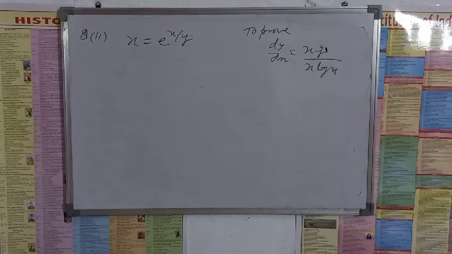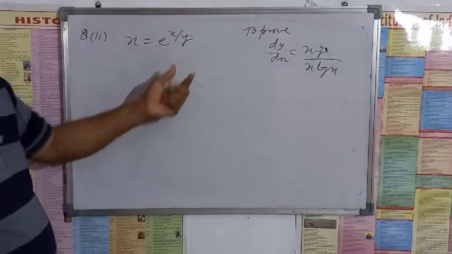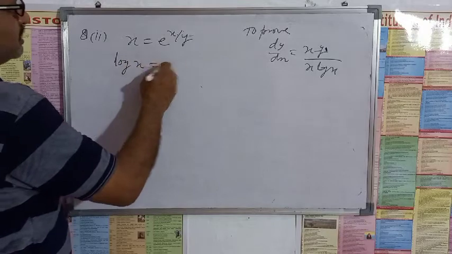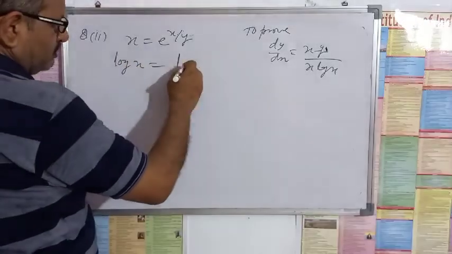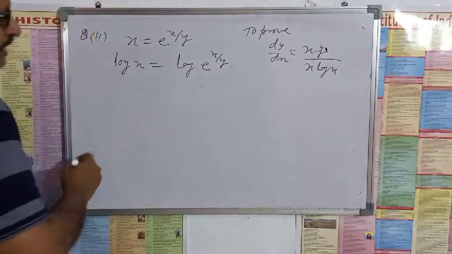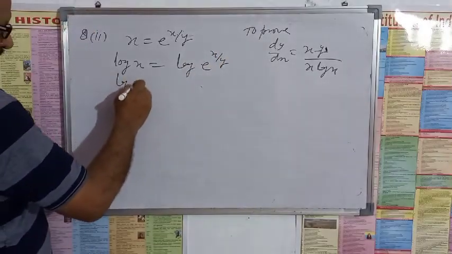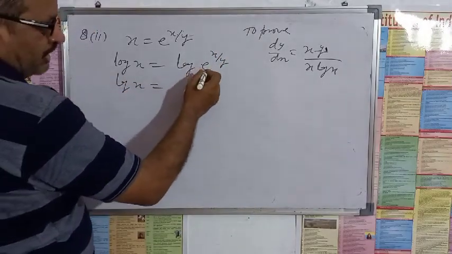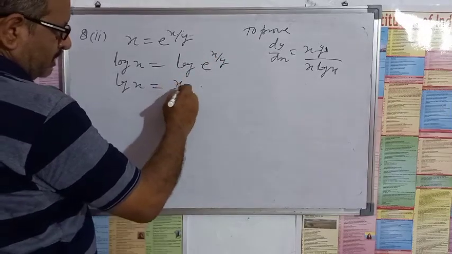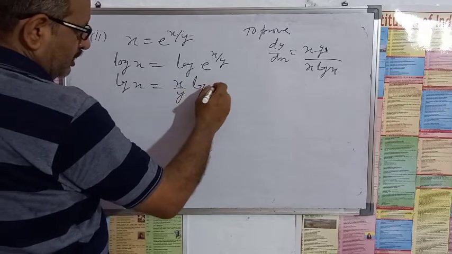Again we can take the log, taking log on both the sides. So it will be log x is equal to log e to the power x by y. Use here log m to the power n, n log m. So x upon y log e.